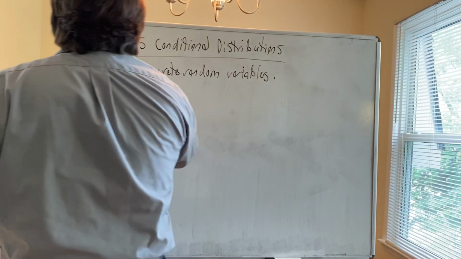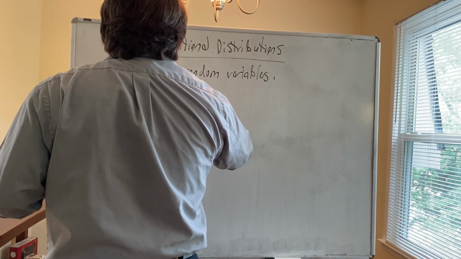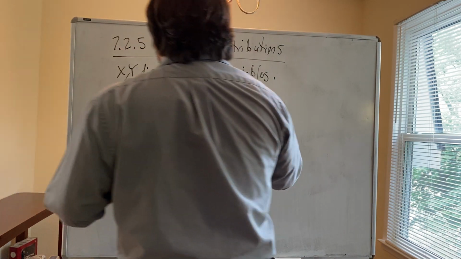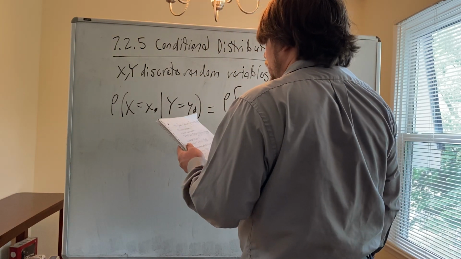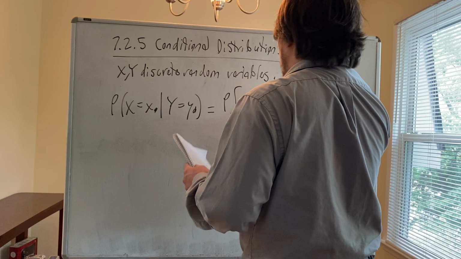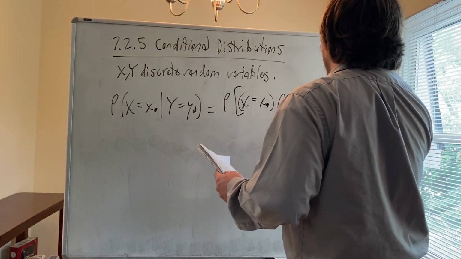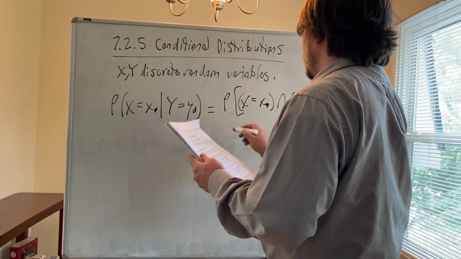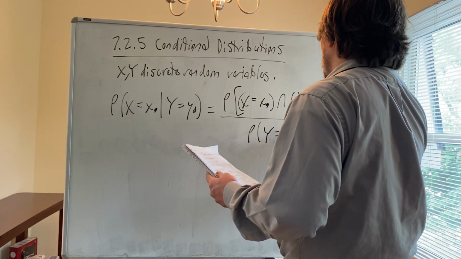So the probability that capital X equals x naught, given that capital Y equals y naught, when you have discrete random variables X, Y, is the probability that capital X equals x naught and capital Y equals y naught, divided by the probability that capital Y equals y naught.